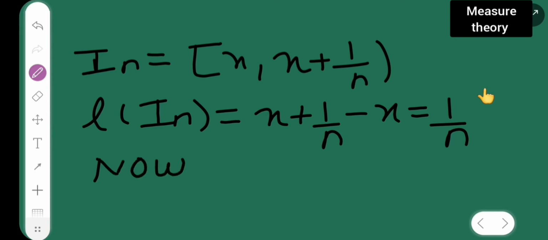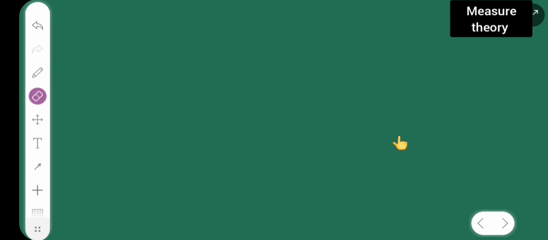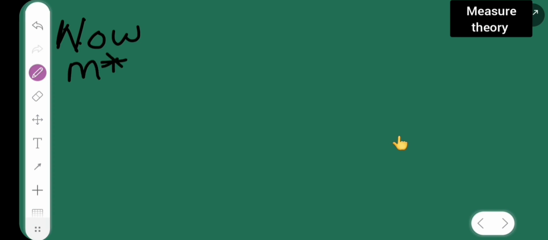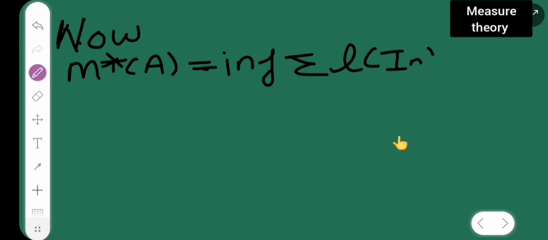Now outer measure of A is equal to the infimum of summation of length of In.